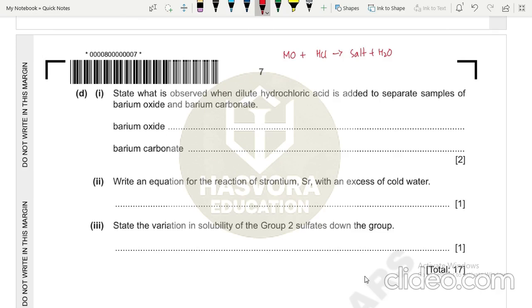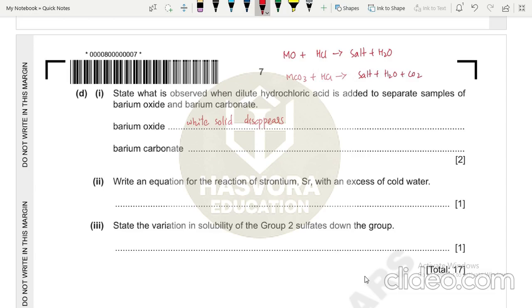Now remember, it is soluble, and so what we can write is that the barium oxide, which is white in color, the white solid of the barium oxide disappears because it is being dissolved, or you can say reacts with the HCl. And the barium carbonate reacts with the HCl to form the salt plus the water and CO2.